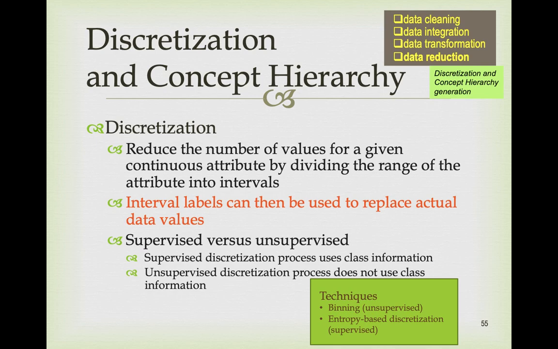Supervised versus unsupervised: the supervised discretization process uses class information, while the unsupervised discretization process does not use class information. So we use binning for unsupervised and entropy-based discretization for supervised.